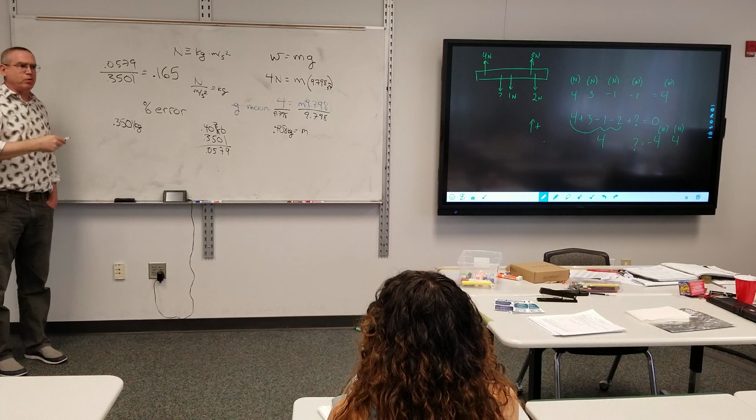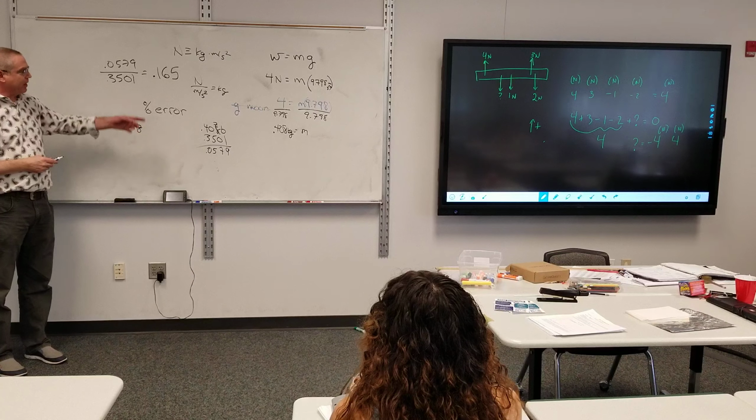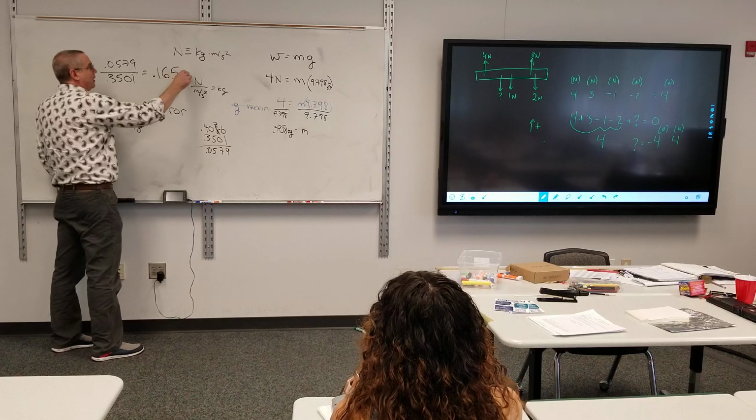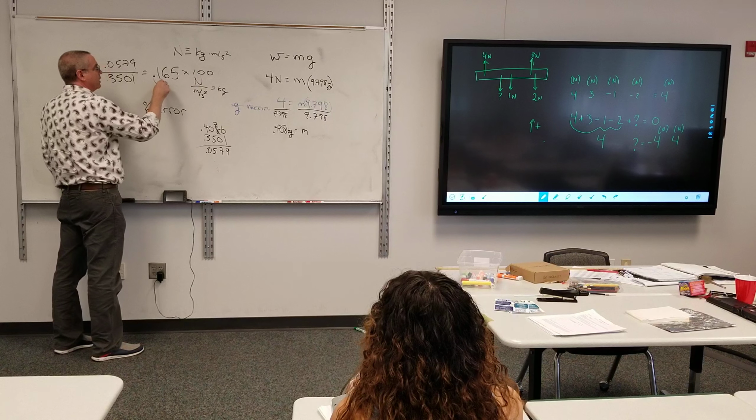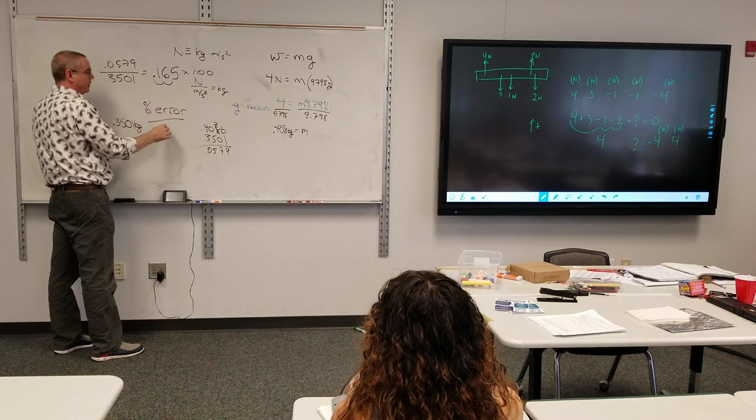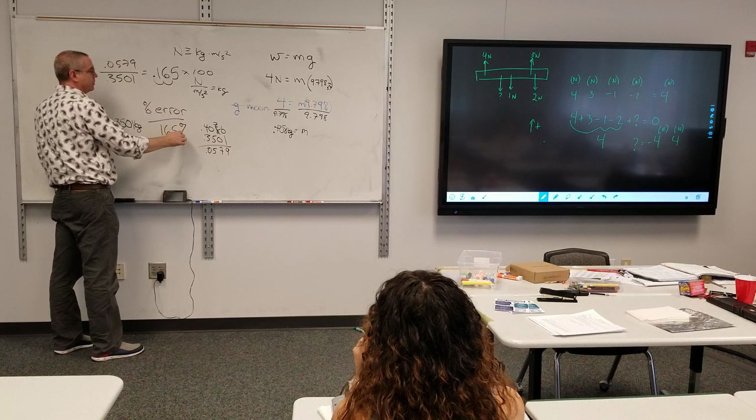Now that is the decimal form. I want to get into percent form because I'm asking for percent error. So I multiply by 100. That moves the decimal point over 2 spaces. So my percent error is 16.5%.